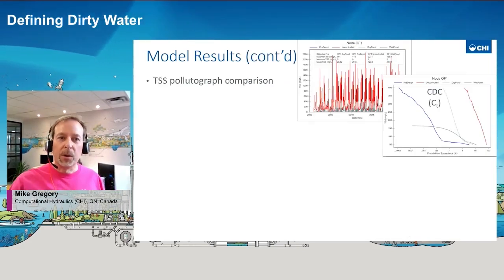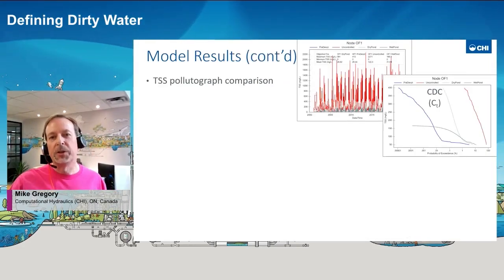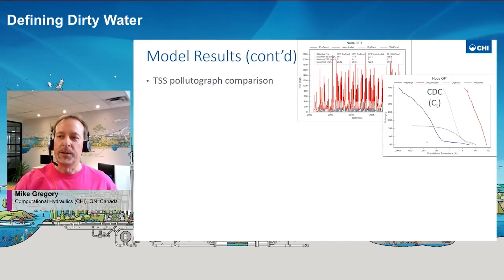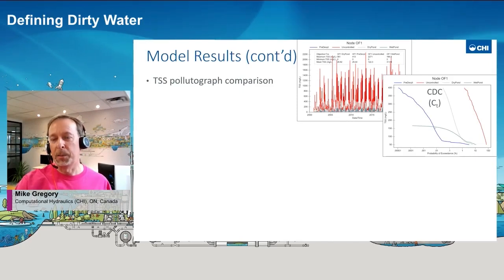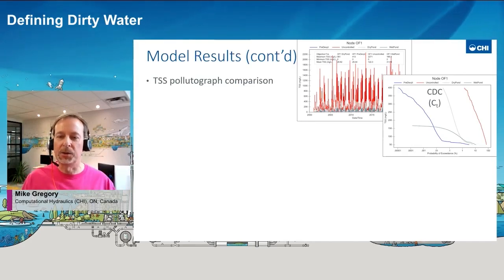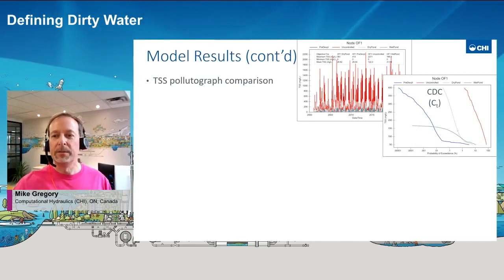With the water quality, if we just look at the concentration, the concentrations aren't as attenuated with the dry pond as they are with the wet pond. So the wet pond attenuates those flashy or peaky total suspended solids concentrations very clearly right there.